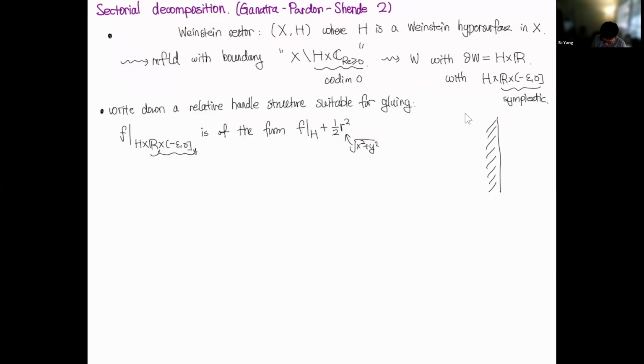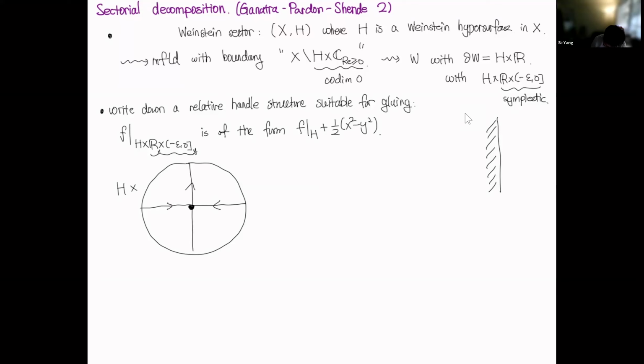So you can imagine that you have a product of H with some disk, and you set your function to be, let me think, I think it should be going inside and outside. So it's like one half of x squared minus y squared, so that it has index 1. So you can imagine you consider a disk of this form where it goes inside this way, and then you go outside that way.